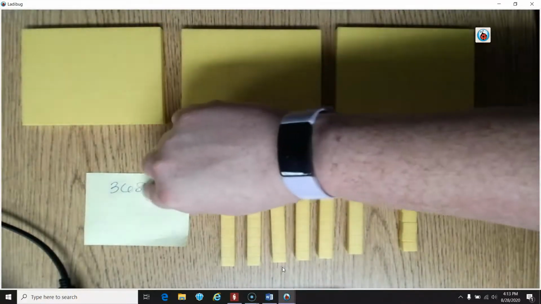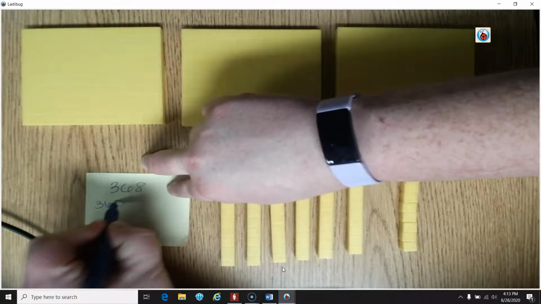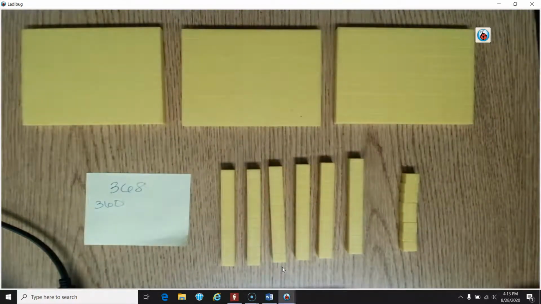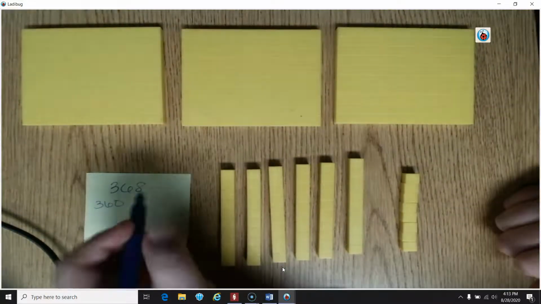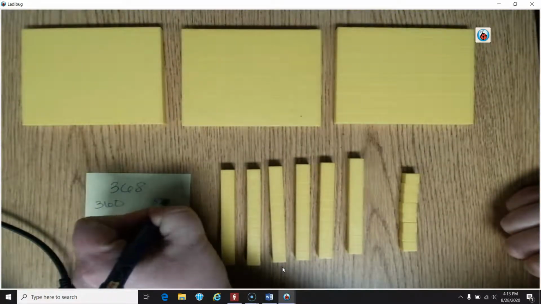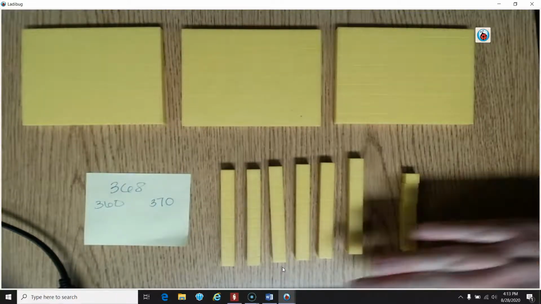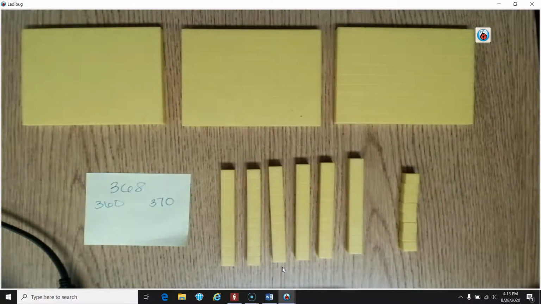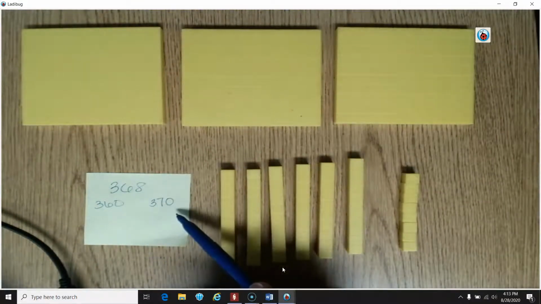So if I took these 8 ones away, I would have 360. Now, if I had a number line, which I'm going to show you tomorrow, and I hopped up 10 places, the 10 I would land on would be 370. So I have to decide if this number is closer to 360 or 370.